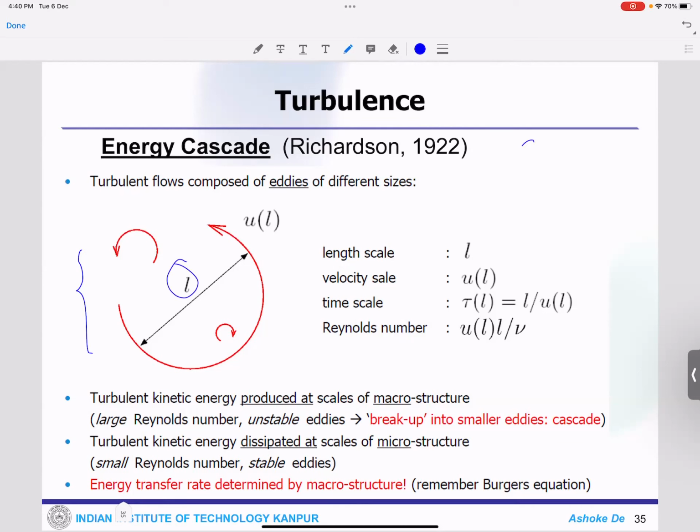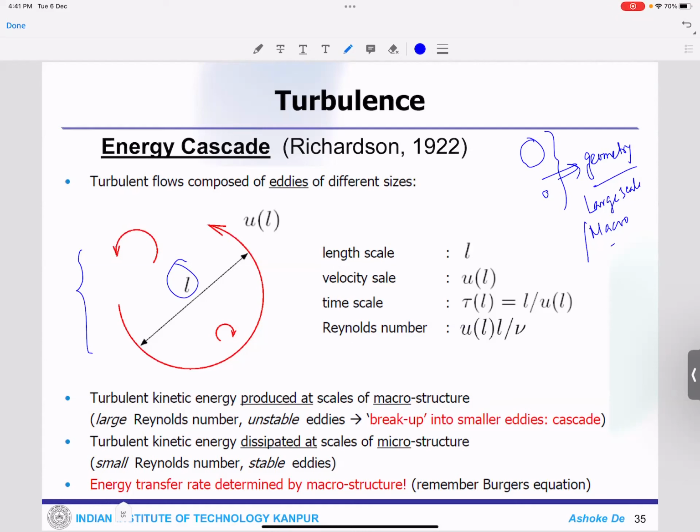Let's say a pipe having a diameter like this and a pipe having a diameter like this. There is a difference. These geometric definitions are going to give you the large scale or macro structure. So the largest size of the eddy that is going to come out of this kind of flow is going to be of the order of that characteristic length or the diameter.